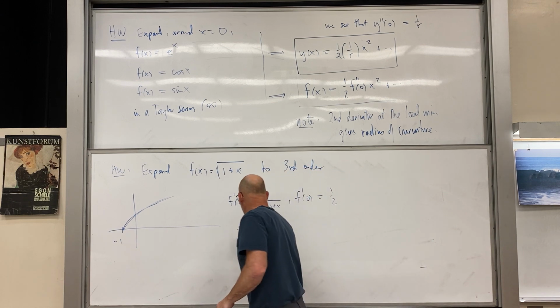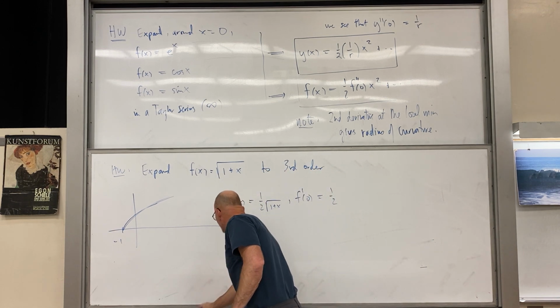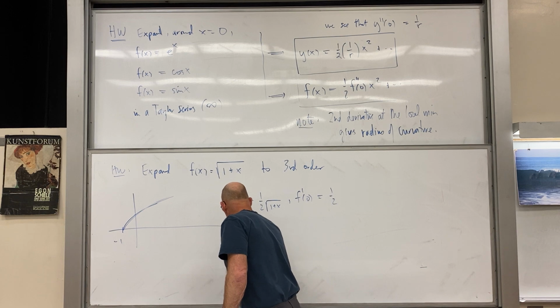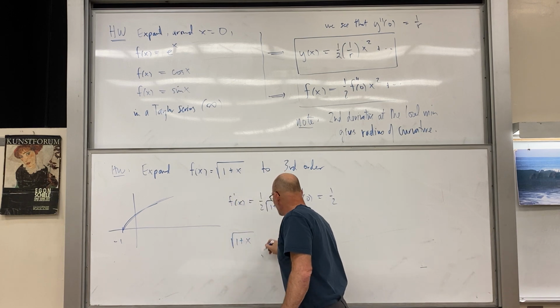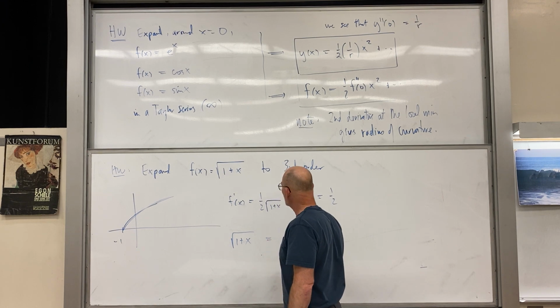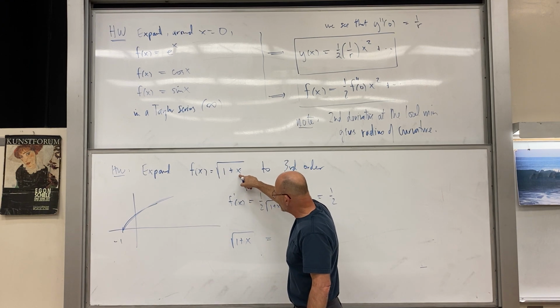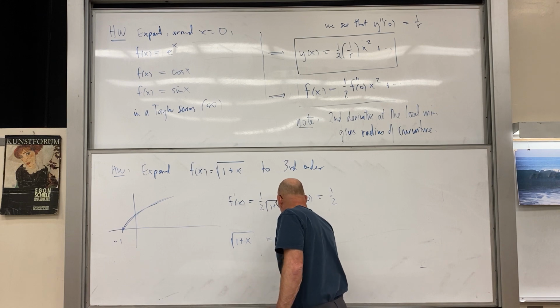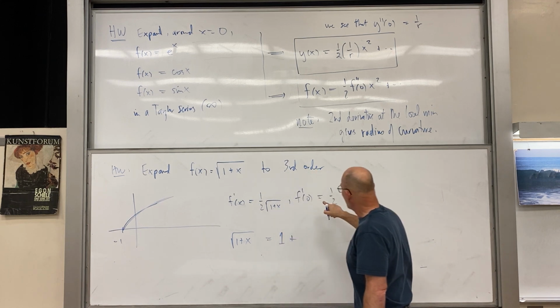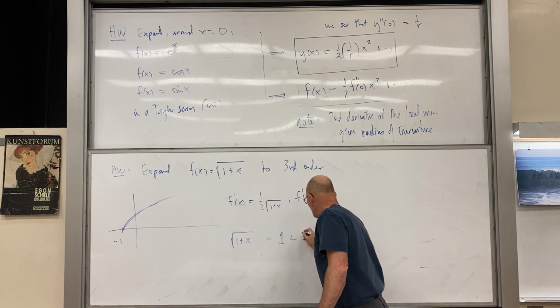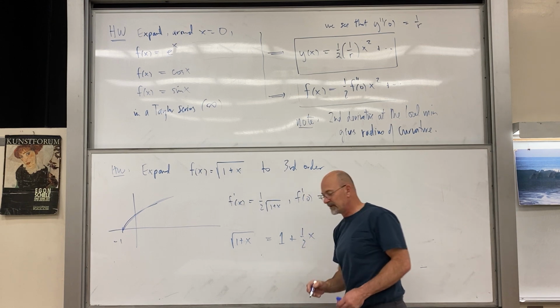So f of x, or just the square root of 1 plus x, which is f of x, is equal to f of 0, which is just 1, plus f prime of 0, 1/2 x. Okay.